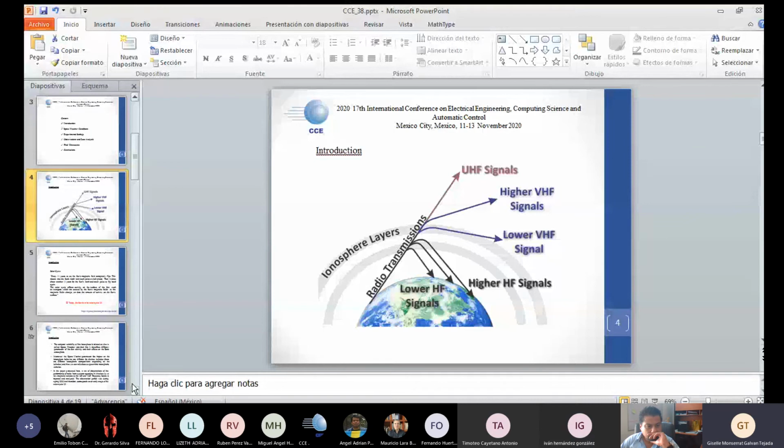Let me briefly outline this slide so as not to take a lot of time. It's about the transmission around the ionospheric layers, and I talk about high frequency and very high frequency signals and their reflection in different layers of the ionosphere.